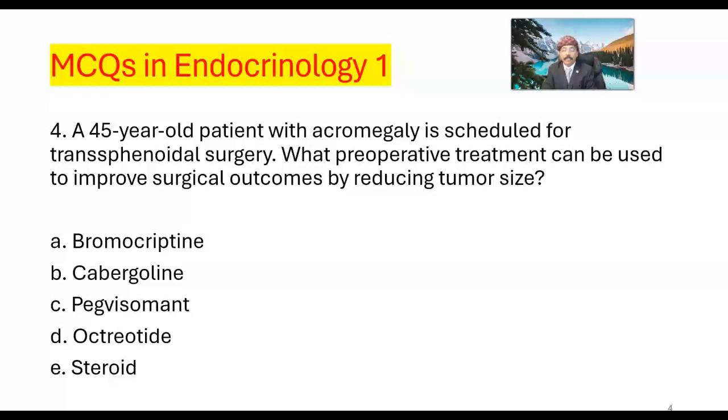The tumor there is to be removed. So what is the choice? Answer should be what? Is it steroid or octreotide? That is a pre-surgical medication. Answer should be octreotide.